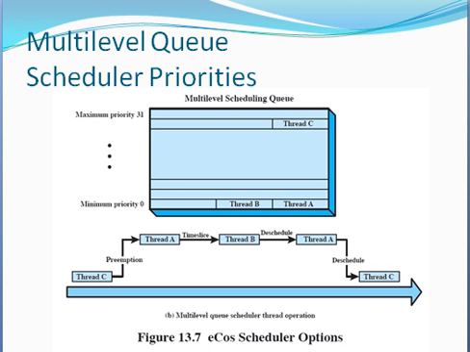In addition, the multi-level queue scheduler can be configured for time slicing. Thus, if a thread is running and there are one or more ready threads at the same priority level, the scheduler will suspend the running thread after one time slice and choose the next thread in the queue at the priority level. This is a round-robin policy within one priority level. Not all applications require time slicing.